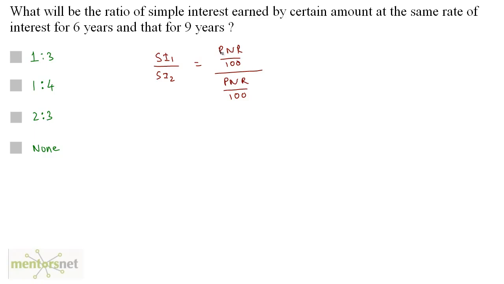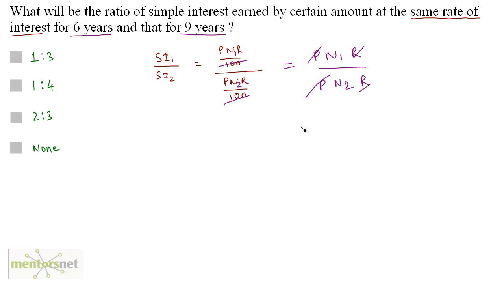Now the principal is basically the same, and it is said that the rate of interest is also the same. So again R is the same, and we have been given two different number of time periods. So this is n1 and this is n2. So if we cancel out the denominators, we have Pn1R upon Pn2R.